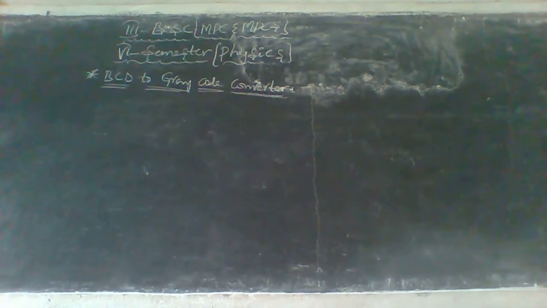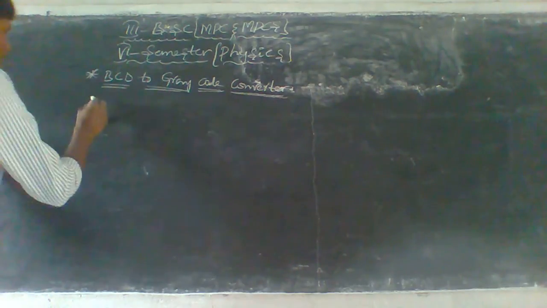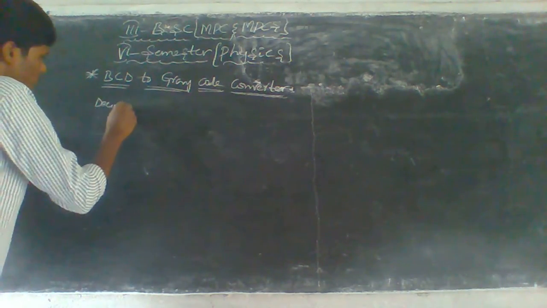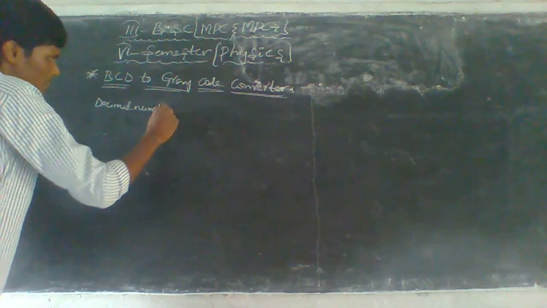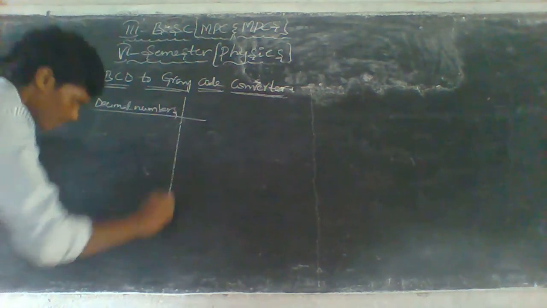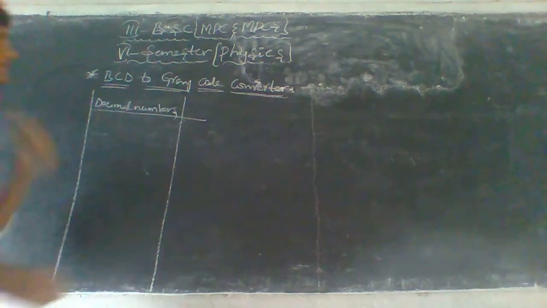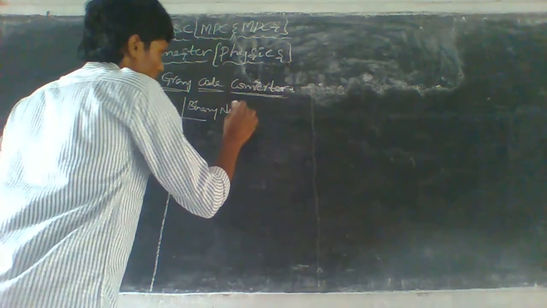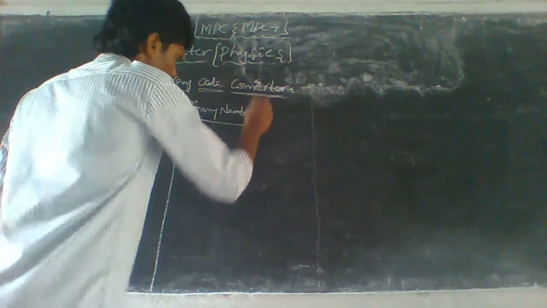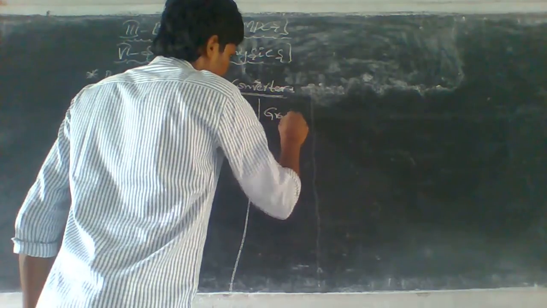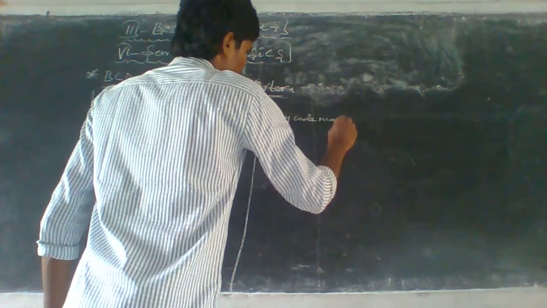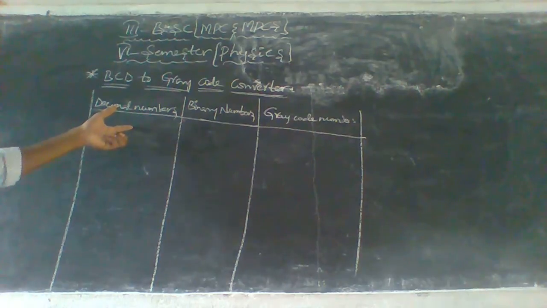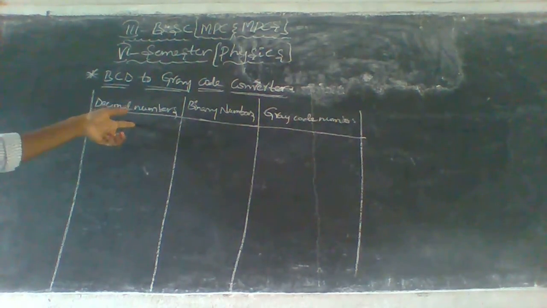So now we can see the Gray code table, with decimal numbers, binary numbers, and Gray code numbers.